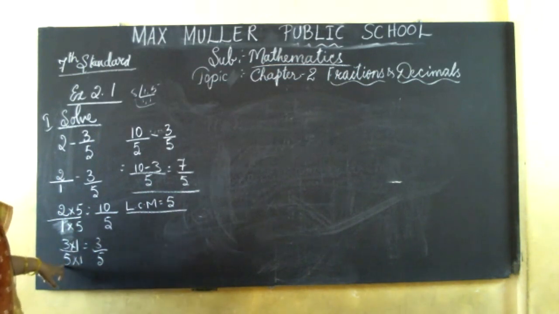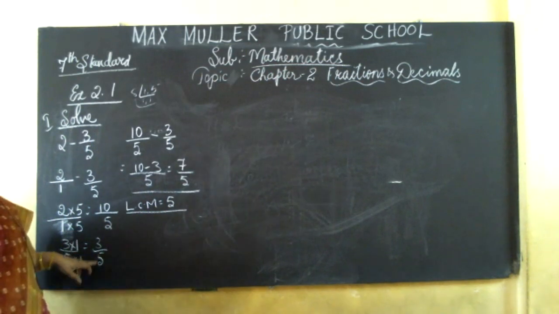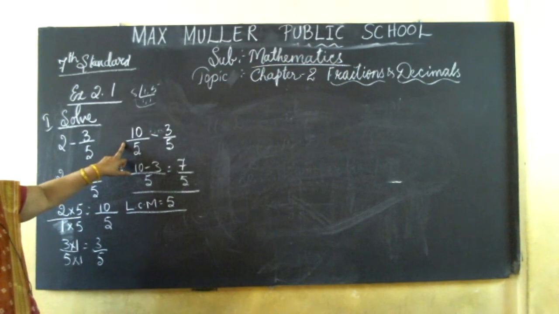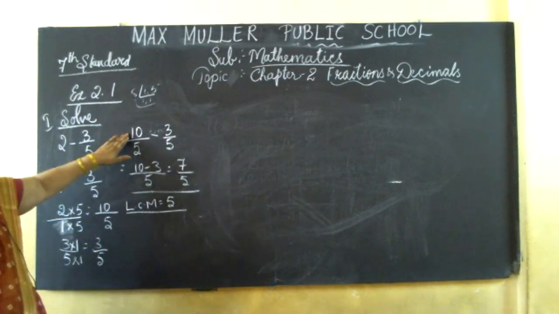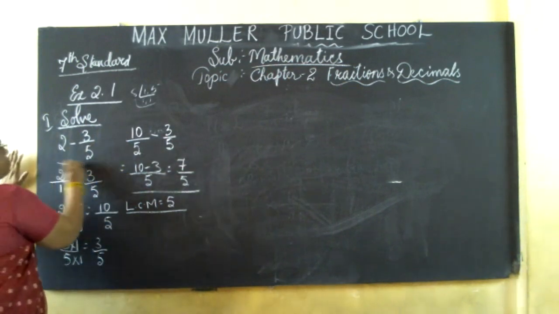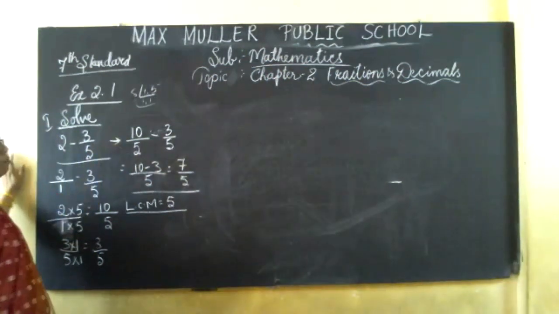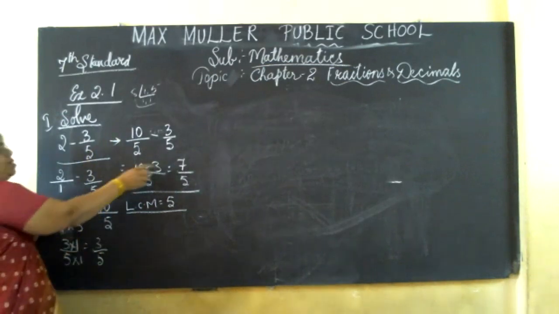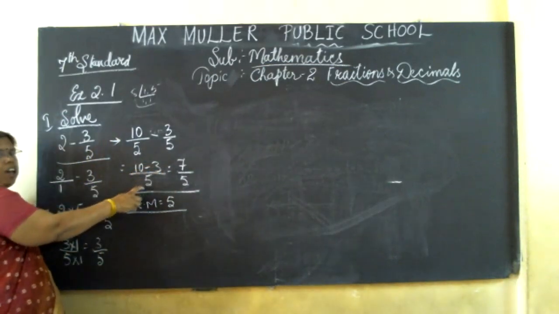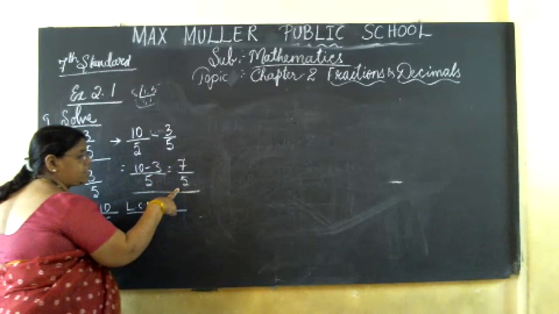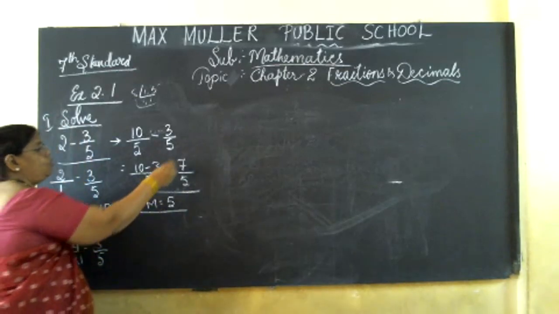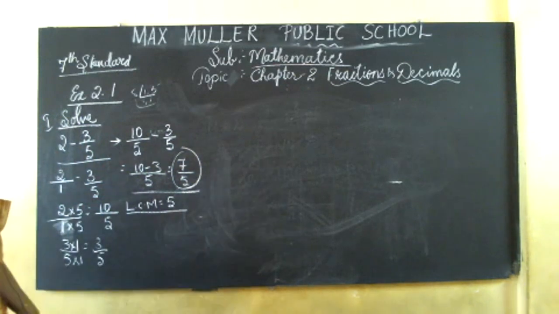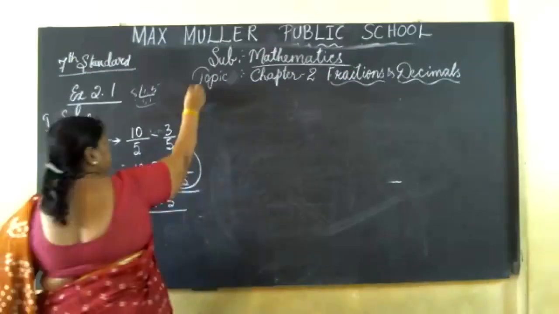Later we subtract. 10 minus 3 is 7. This 5 we retain as the denominator. So you got 7 by 5 as the answer. Did you understand?